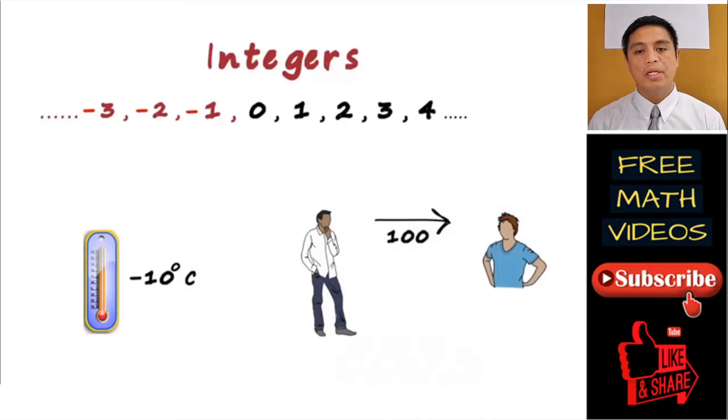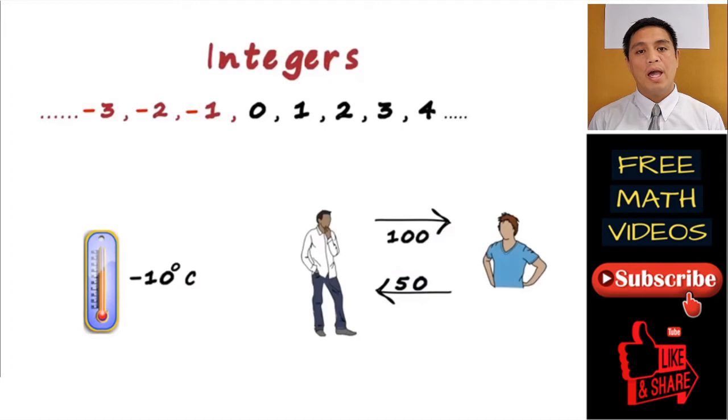Another example could be about money. For example, you have a friend that borrows 100 pesos from you, and then you lend him 100 pesos. And then after some time, your friend returned your money, but he only returned 50 pesos. So what happened here?